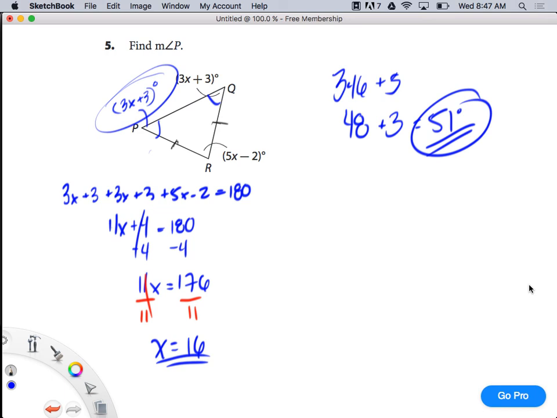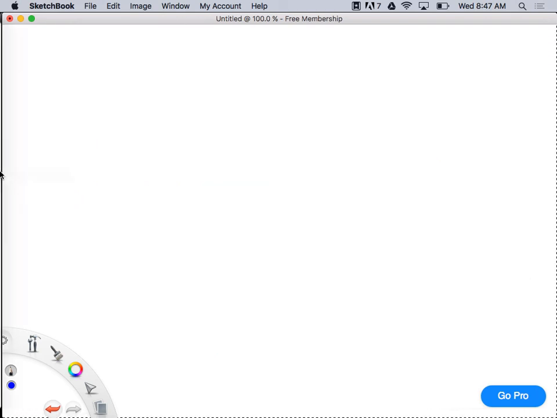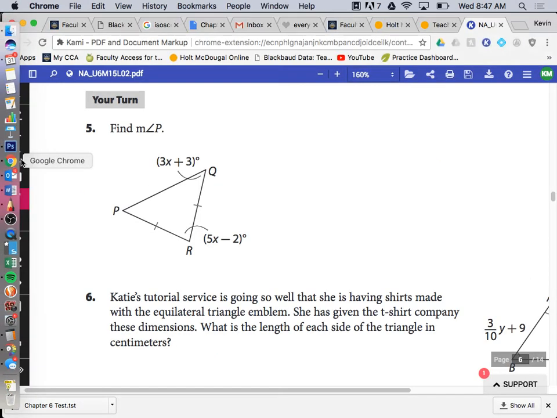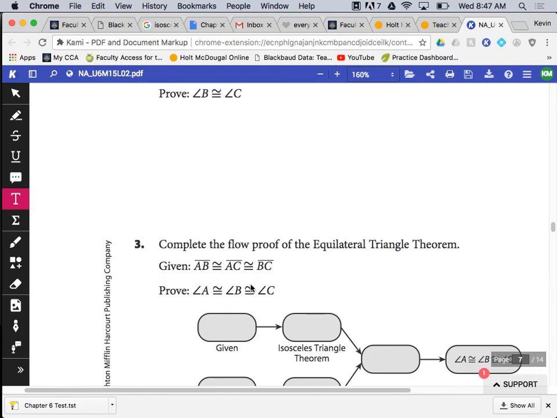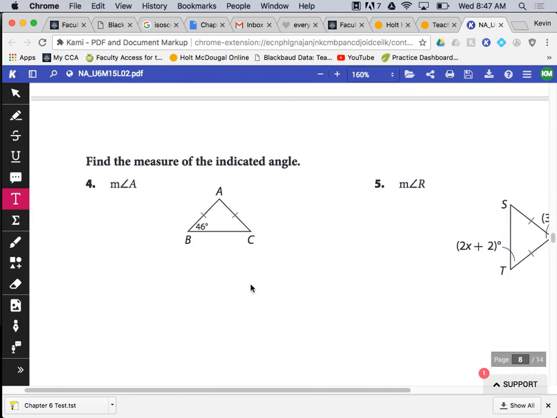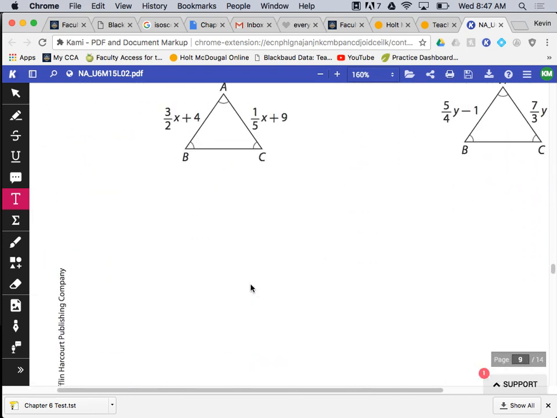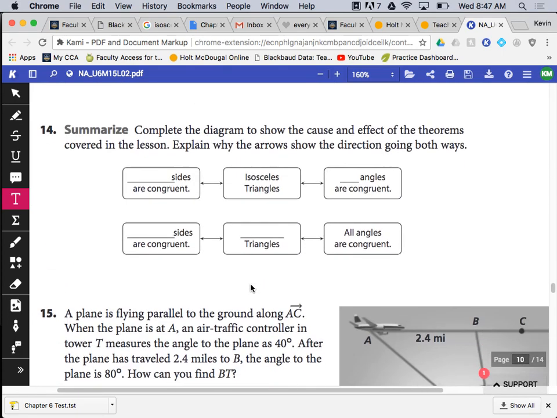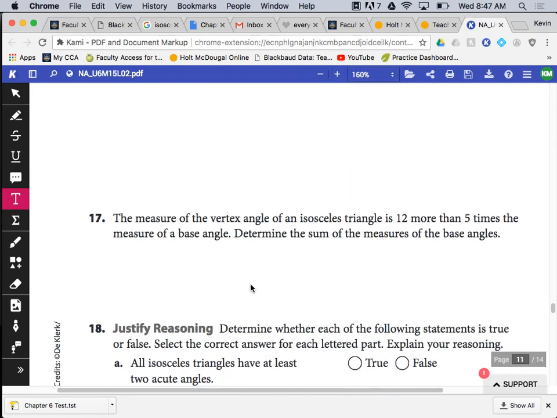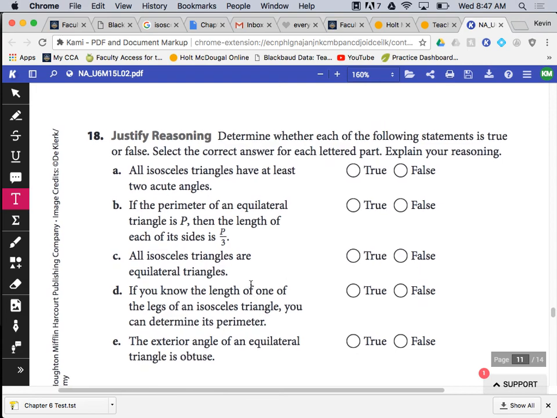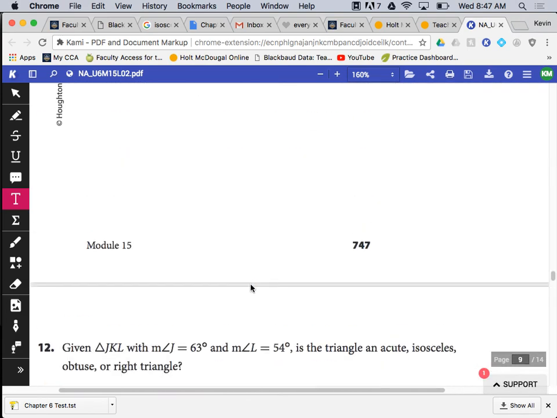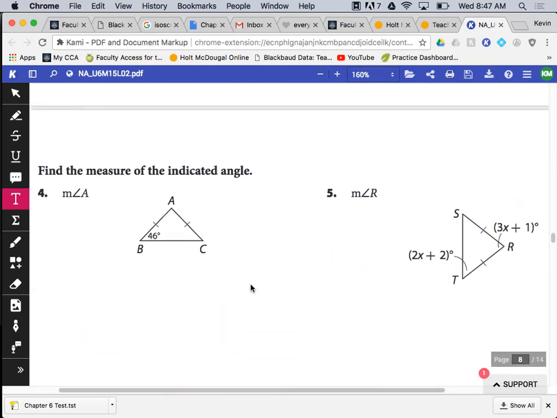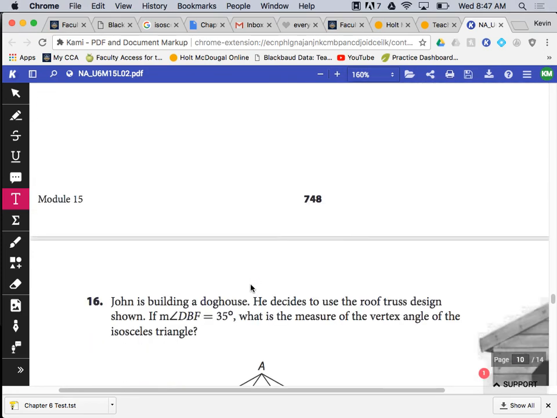All right. So that's basically the lesson for the day. So what is your homework? Your homework is page 746, numbers 4 through 18.